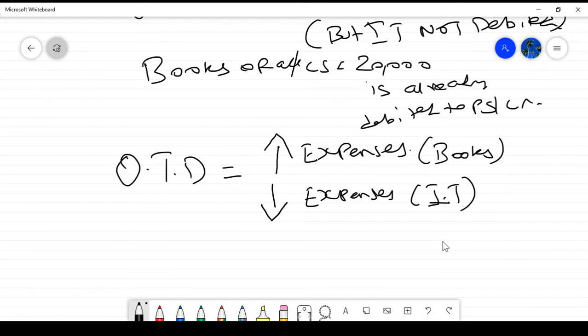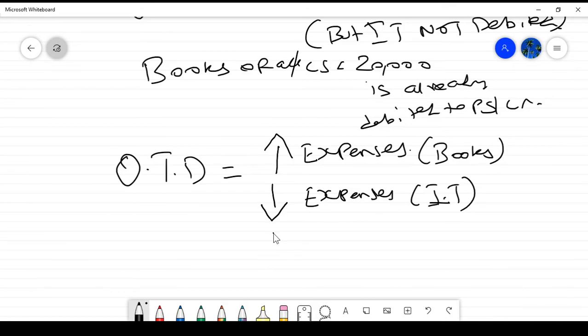What would have happened in this case actually? First year I did not make any expenses. Now just now I am making the expenses. First year, expenses is more in books of accounts and expenses is less in my IT account, correct?